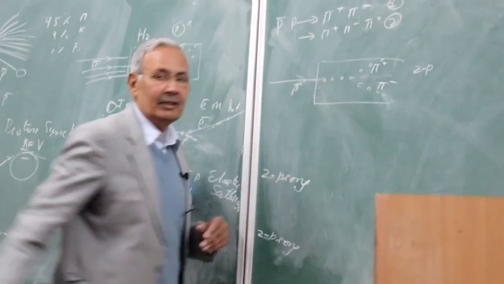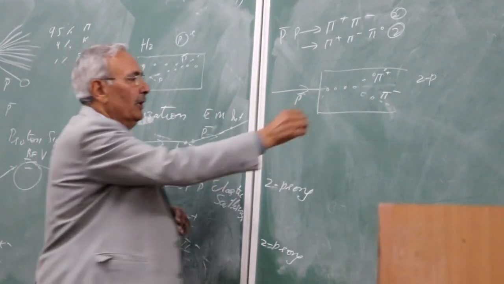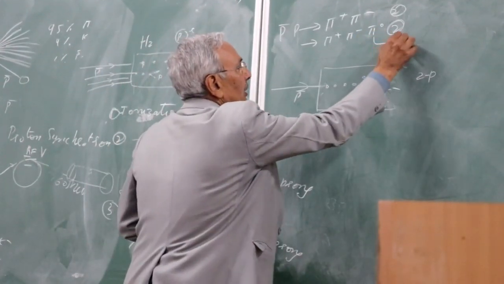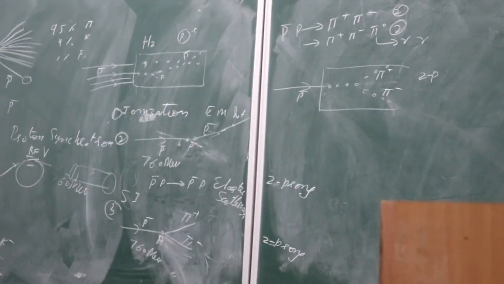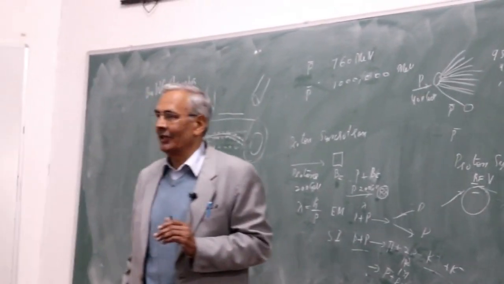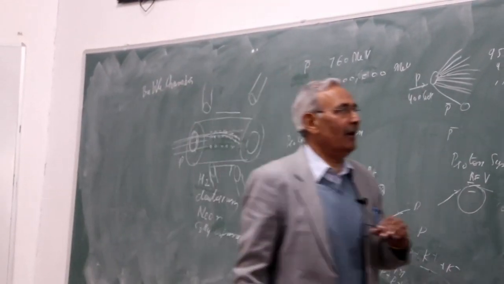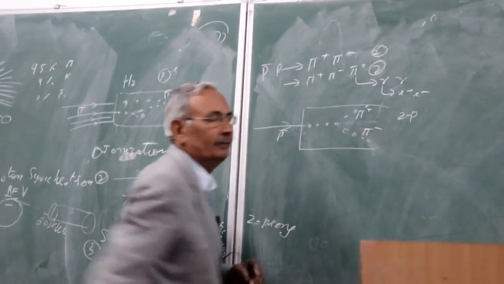No track, nothing over there. Then after traveling some distance, it may materialize into 2 photons. Photons also do not have any charge. They will also leave no track.